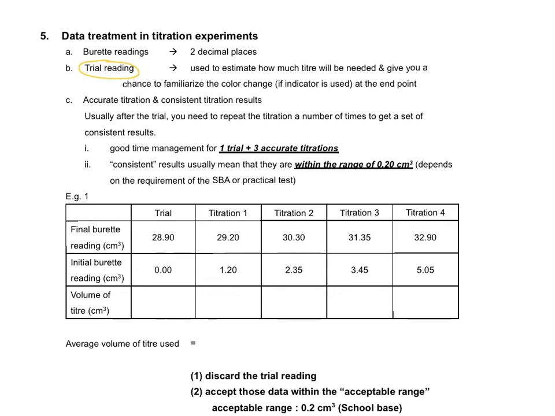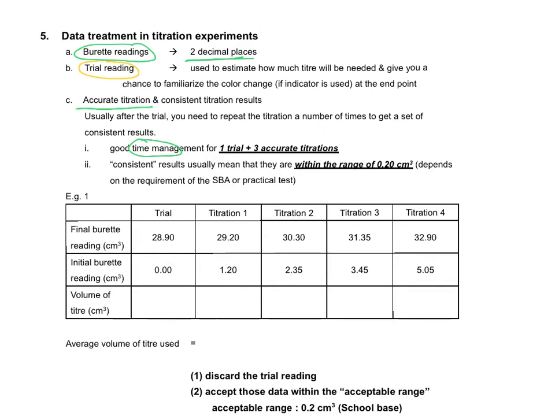In the titration, burette readings are very important, and we need to take the burette reading up to 2 decimal places. So after performing the trial titration, we can move on to the accurate titration. We can do as many accurate titrations as we like, but we need to pay attention to time management and also whether we have sufficient solution to do so many accurate titrations.